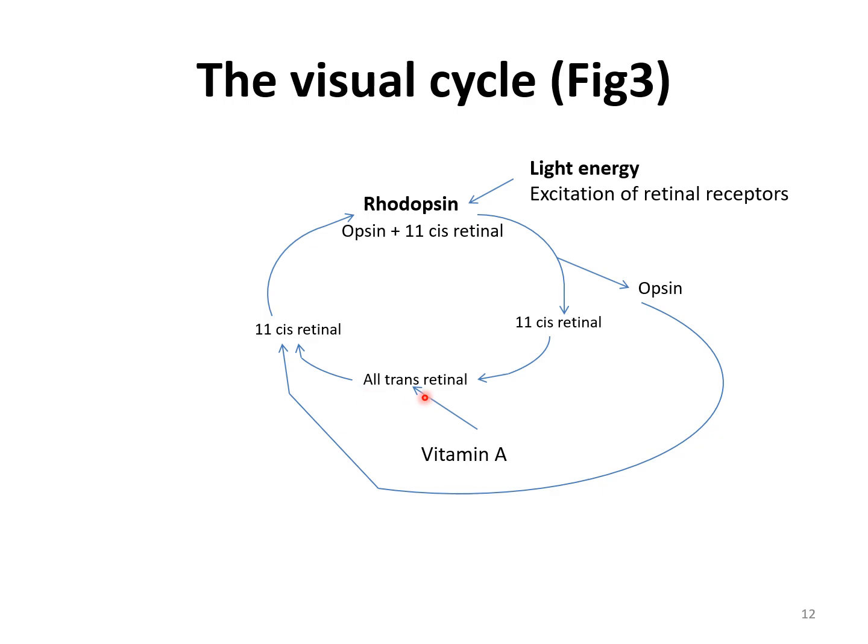And then in the presence of vitamin A, it changes into 11-cis-retinal, which combines with the opsin and results in regeneration of rhodopsin. So this is the visual cycle which is responsible for the generation of the visual impulse.